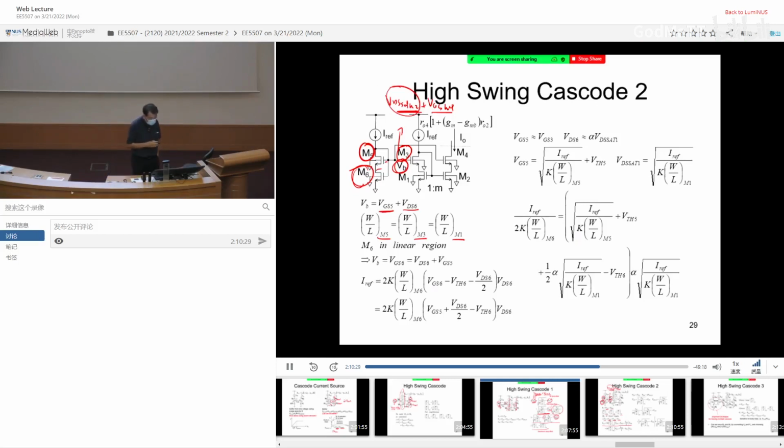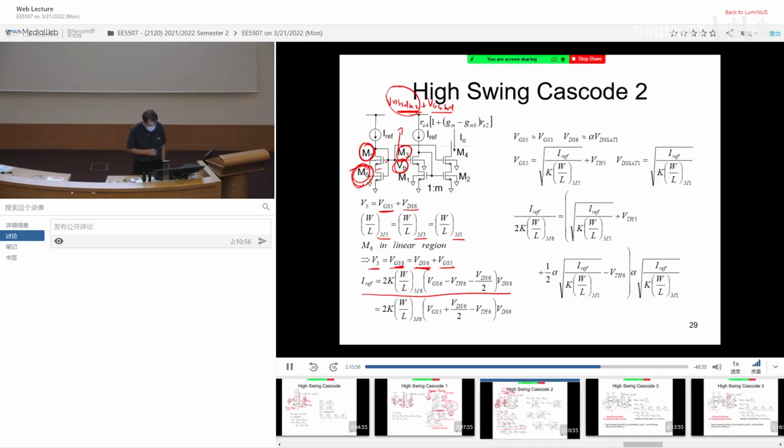Okay? So we go through the derivation. Your VB is given by VGS6, but it also equals VDS6 plus VGS5. And then your VDS6, we actually design the transistor M6 to be in the linear region, so you can write down the linear region equation for the transistor M6 accordingly.